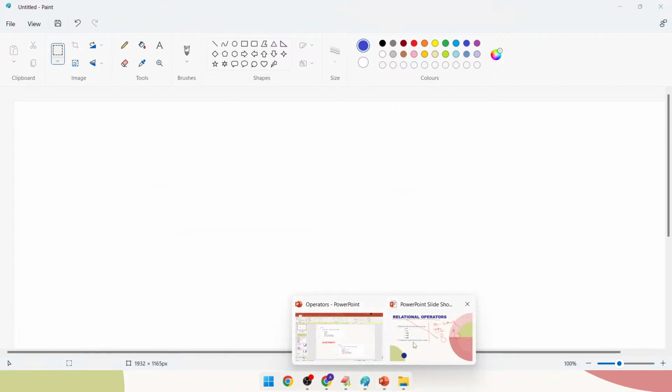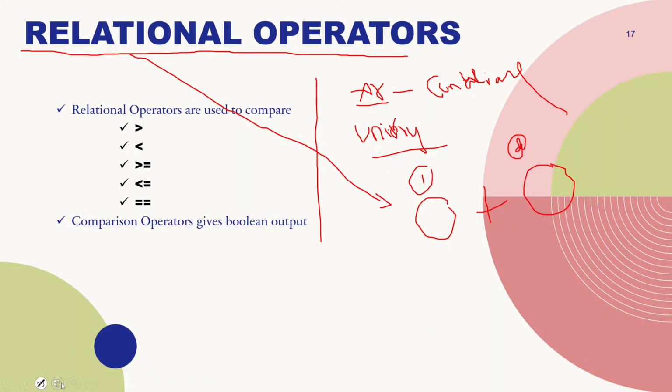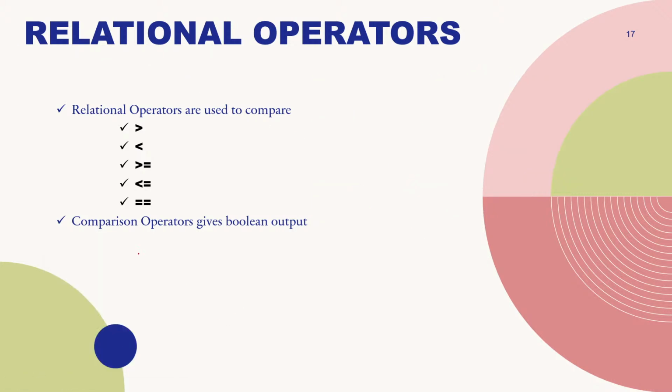I'll explain you one more time. See guys, this is called greater than symbol. It will compare two operands, first operand with second operand, right?